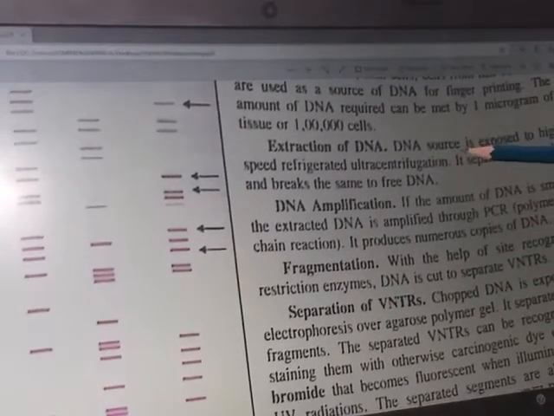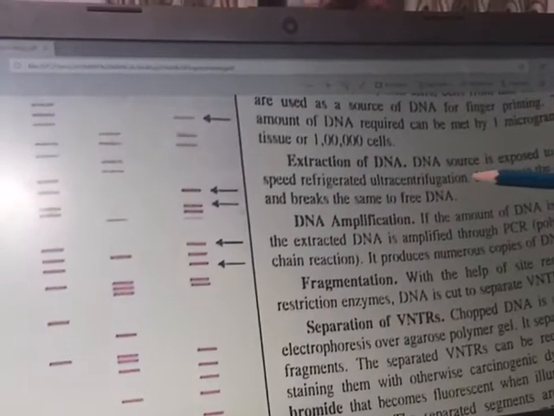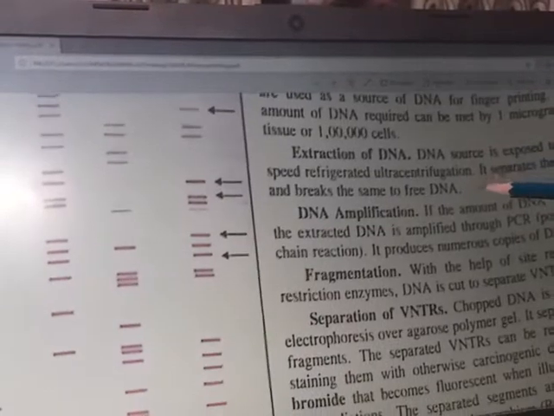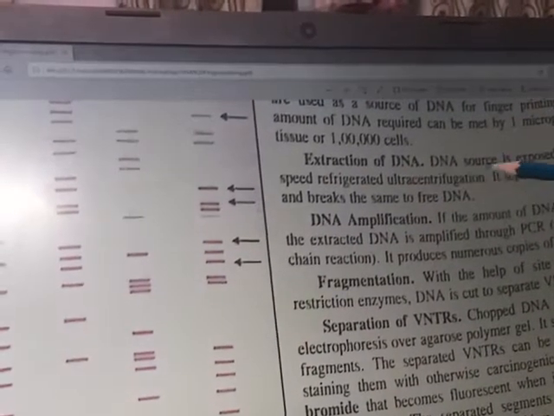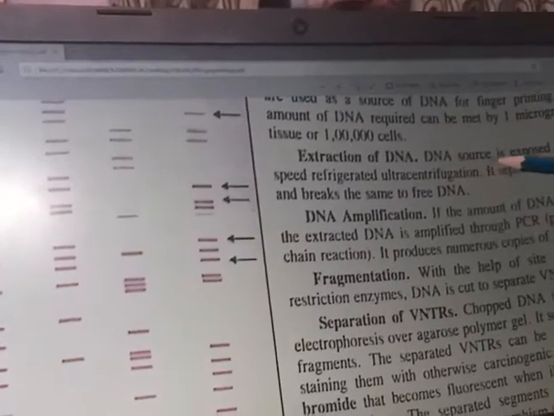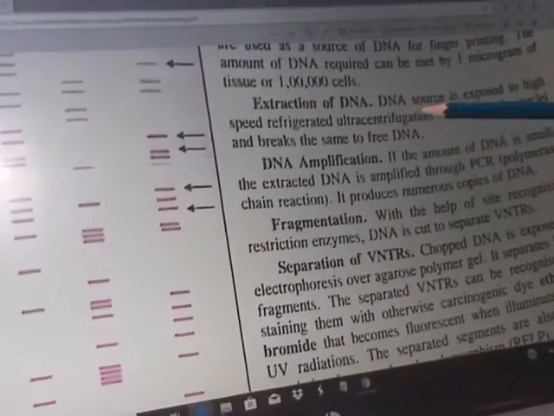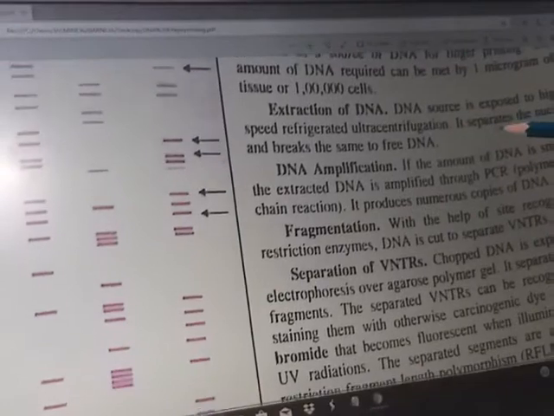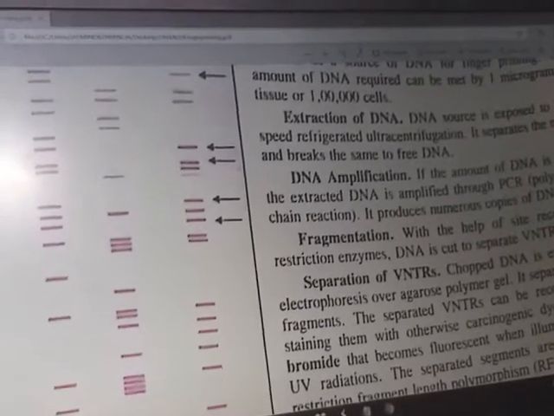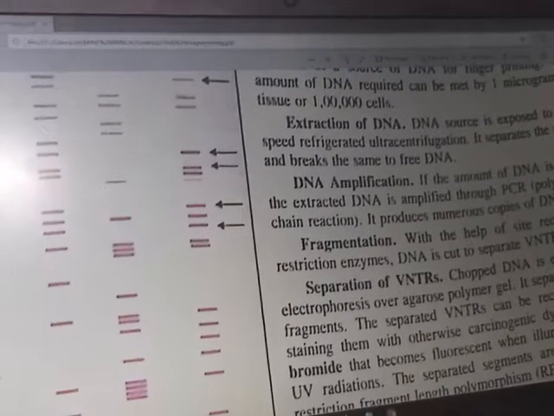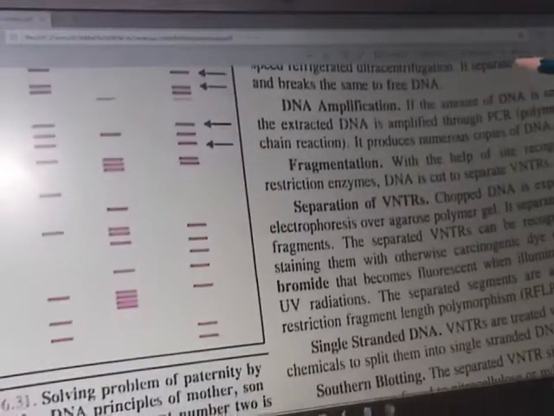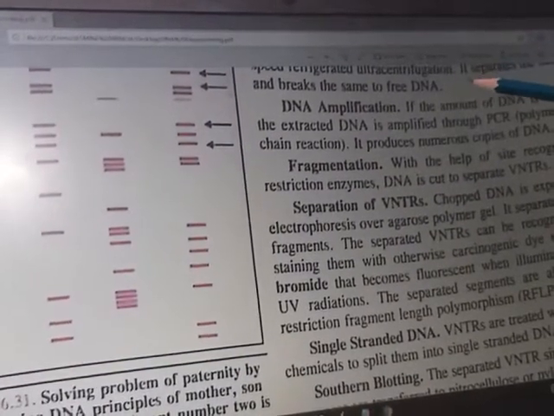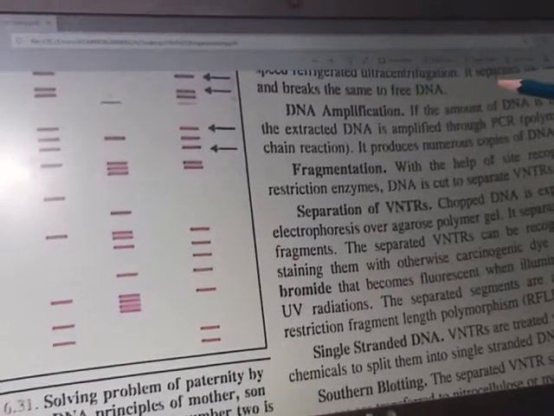For the extraction, the ultracentrifugation technique is used, under refrigeration conditions, means centrifugation with very high speed. And here the nuclei separate because they break and make the DNA free.